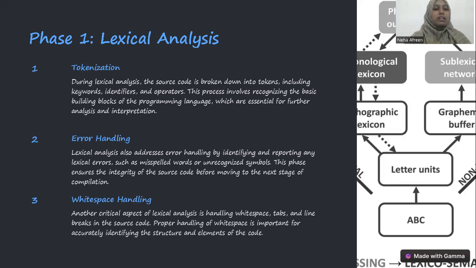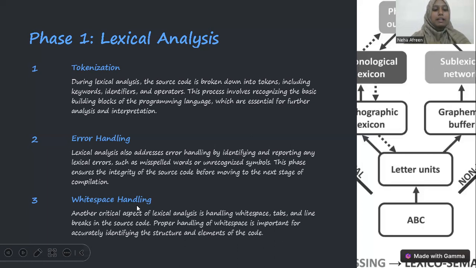Error handling. Lexical analysis also addresses error handling by identifying and reporting any lexical error, such as misspelled words or unrecognized symbols. This phase ensures the integrity of the source code before moving to the next stage of compilation.